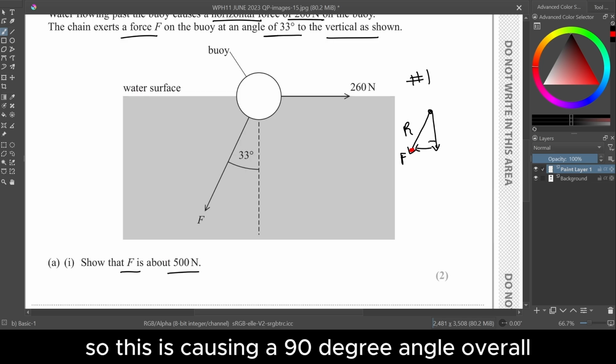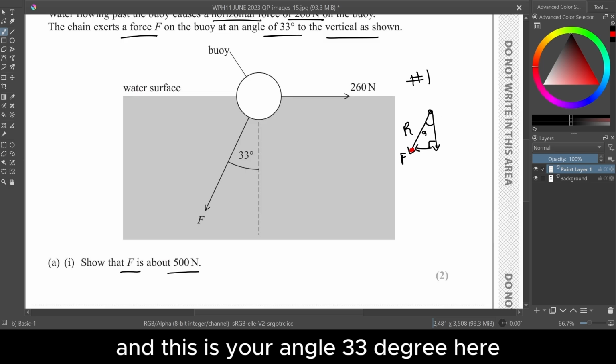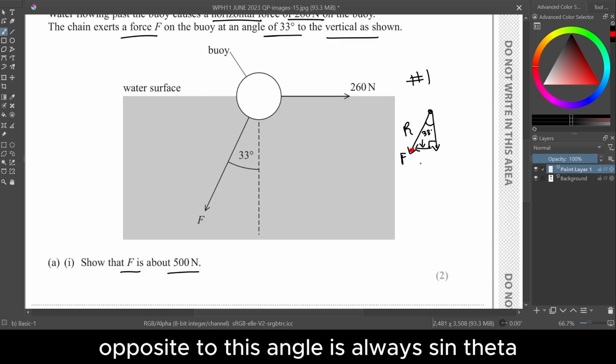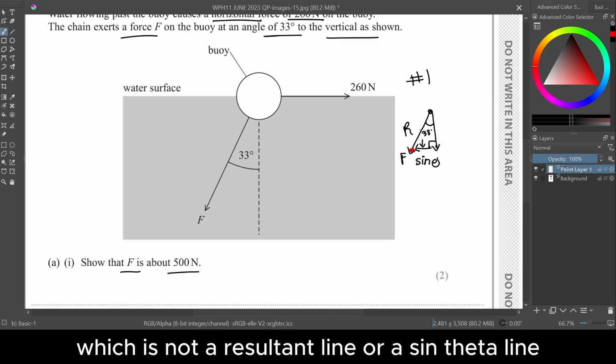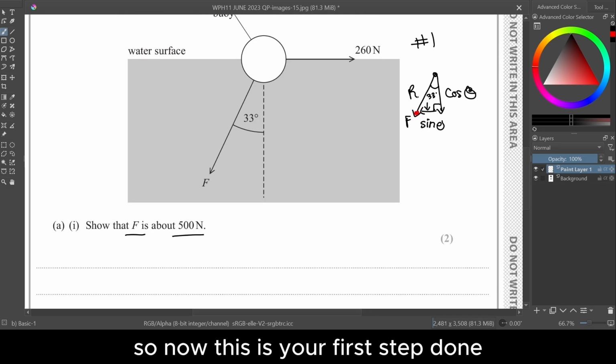This makes a 90-degree angle, so overall it's a right-angled triangle, and this is your angle of 33 degrees here. Opposite to this angle is always sine theta, and the line which is not the resultant line or the sine theta line is the cos theta line. So this is your first step done.